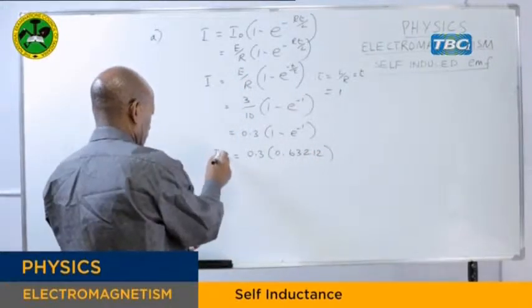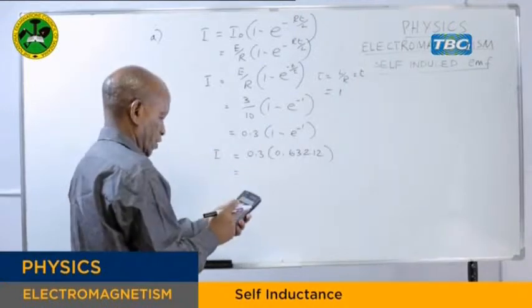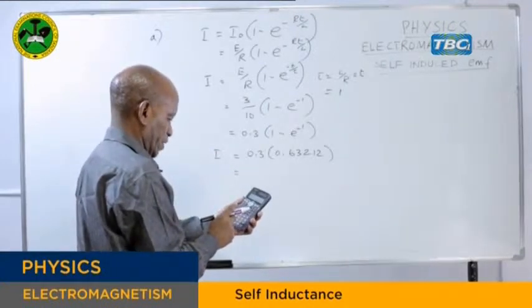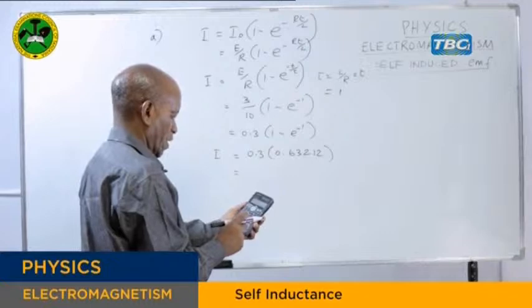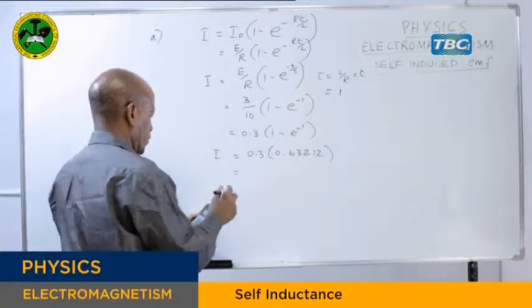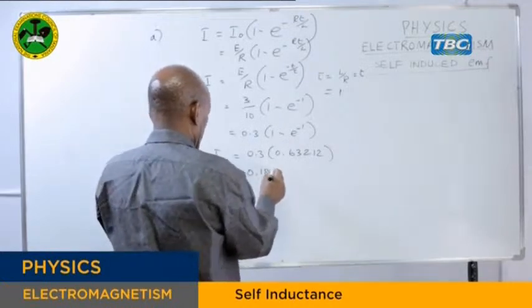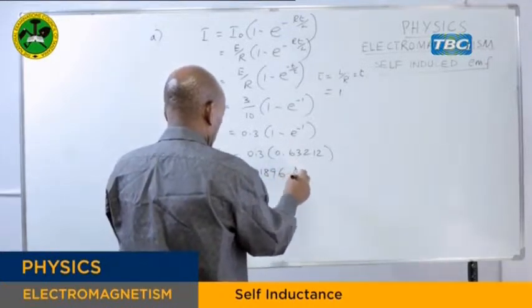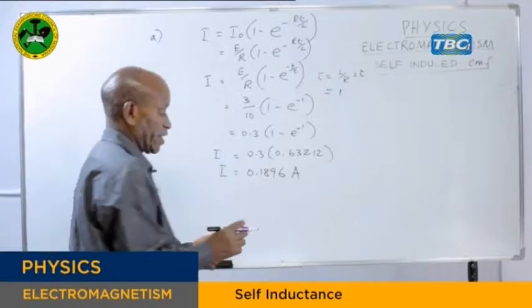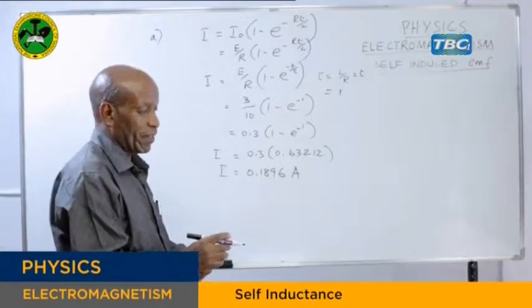Therefore the current I, if you multiply by 0.3, is 0.1896 amperes. So this is the current which is flowing in the circuit.